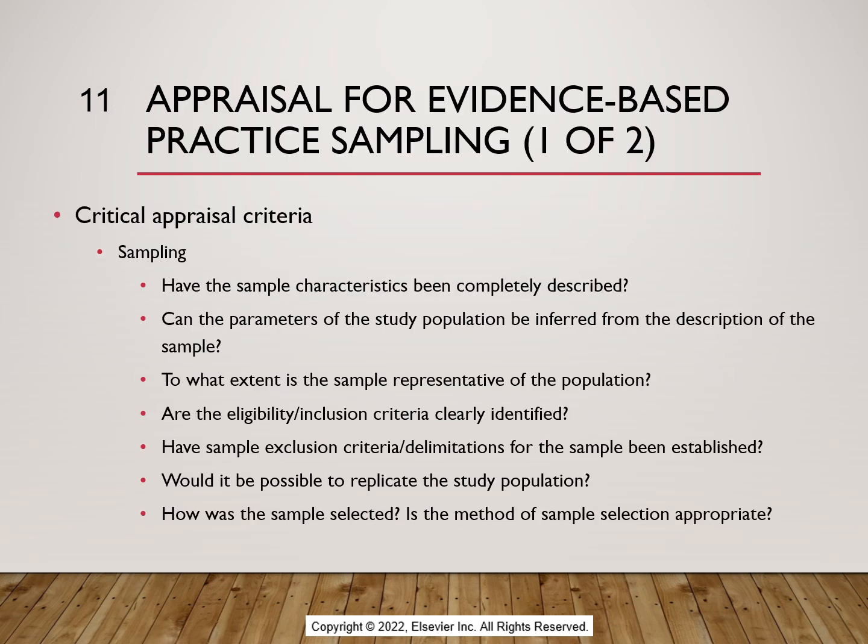This slide and the next slide are those questions that you should be asking yourself while you're reading that research article when you're reading about the sampling method. So read the question and go back to the research study to see how your research study stacks up against what you've learned about that particular question.